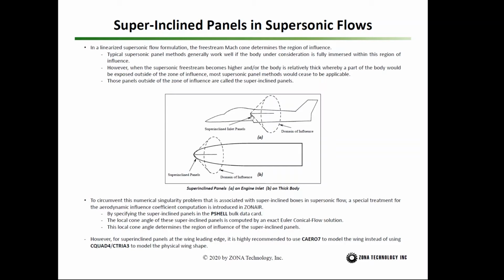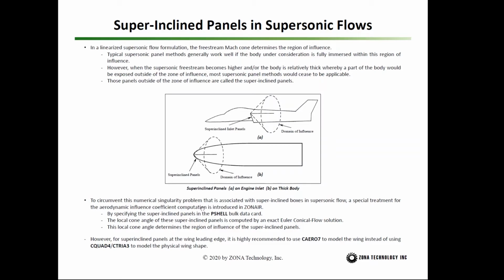If the Mach cone intersects inside the panel, that panel is defined as a super-inclined panel. To circumvent this numerical problem associated with super-inclined panels in supersonic flow, a special treatment for the aerodynamic influence coefficient is introduced in ZONAIR.